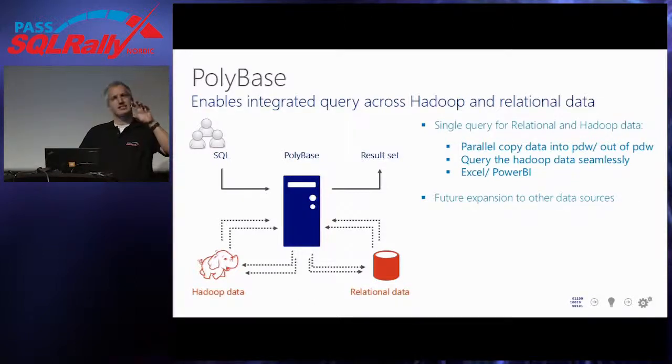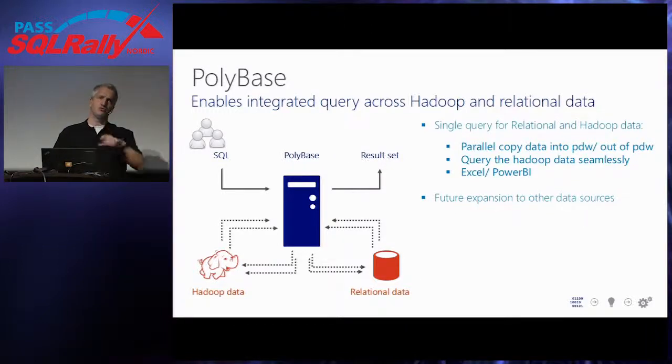That's the metadata. That external table points to a folder on a Hadoop file system. If you query that external table, PDW will go out and just read from the Hadoop file system the blocks it needs. So it doesn't need MapReduce functionality to grab the data.